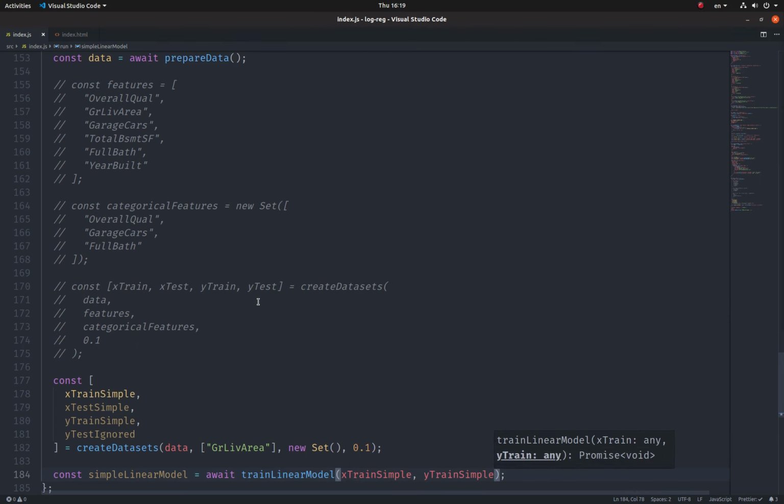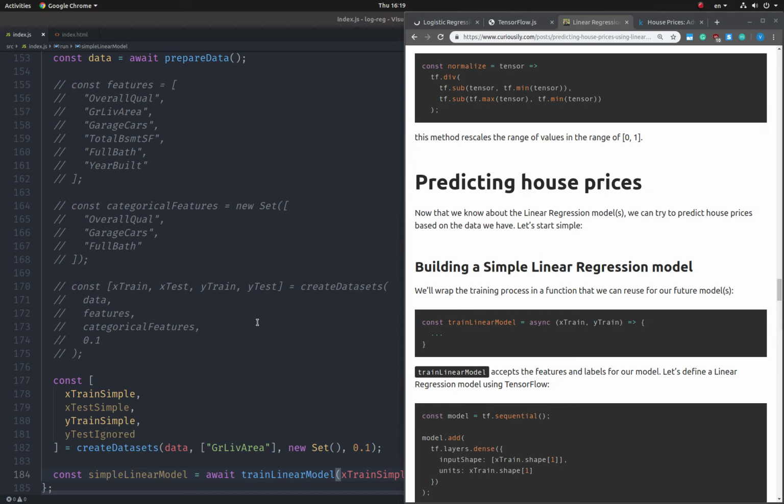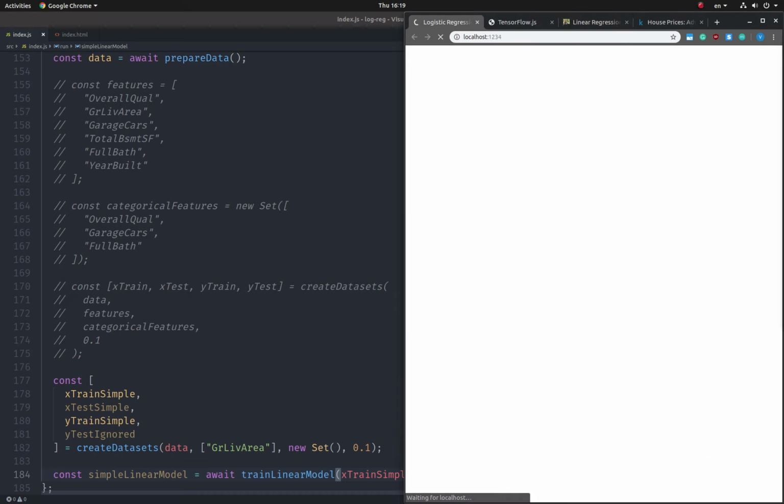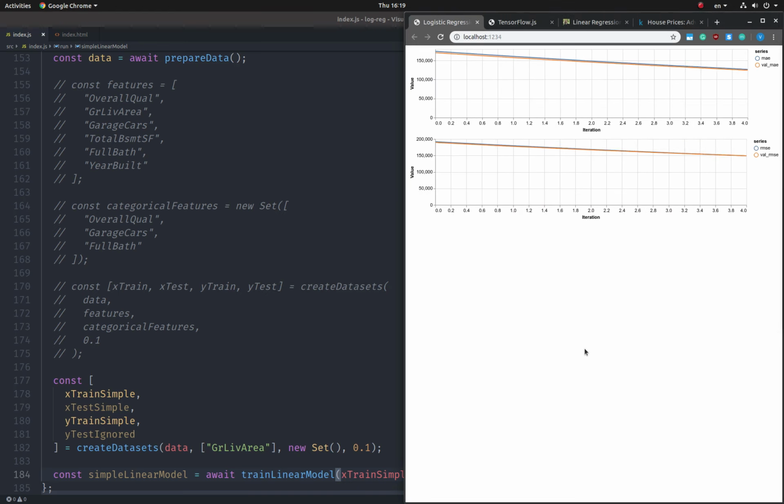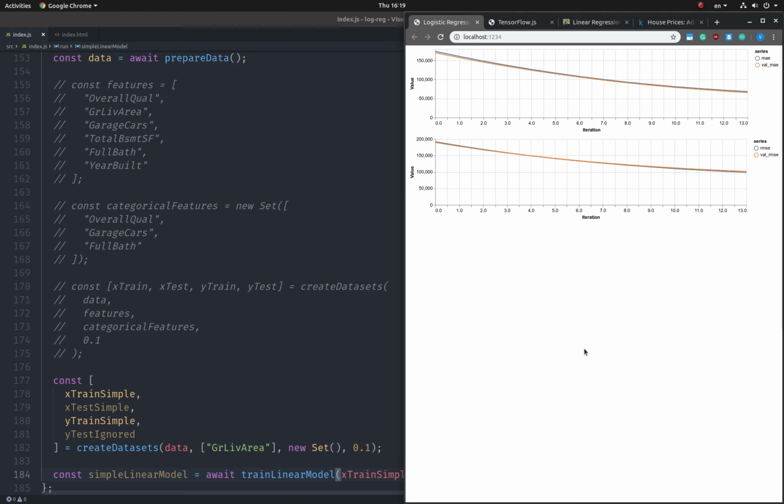And this should show us our model in here, and yes, sure it does, it trains.